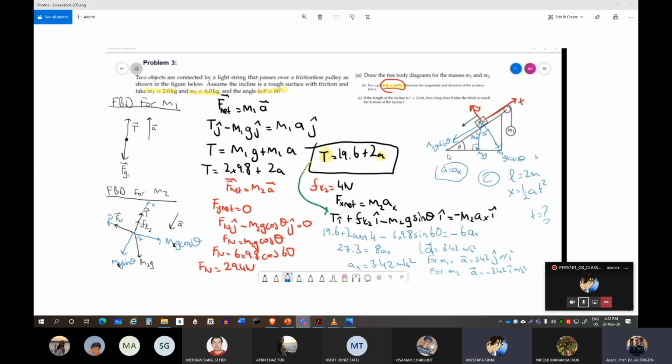And if they give you the opposite angle, you can take 90 minus theta, or you can use cosine theta, oppositely, like that. For each theta we use opposite cosine or sine.